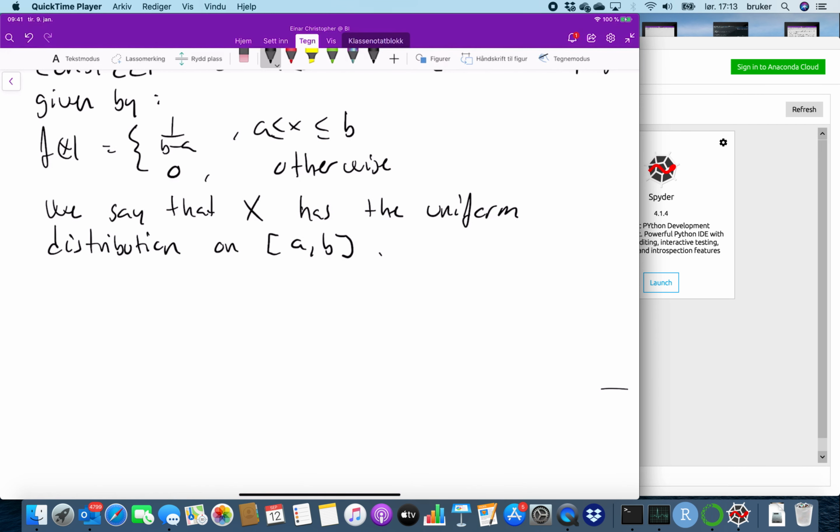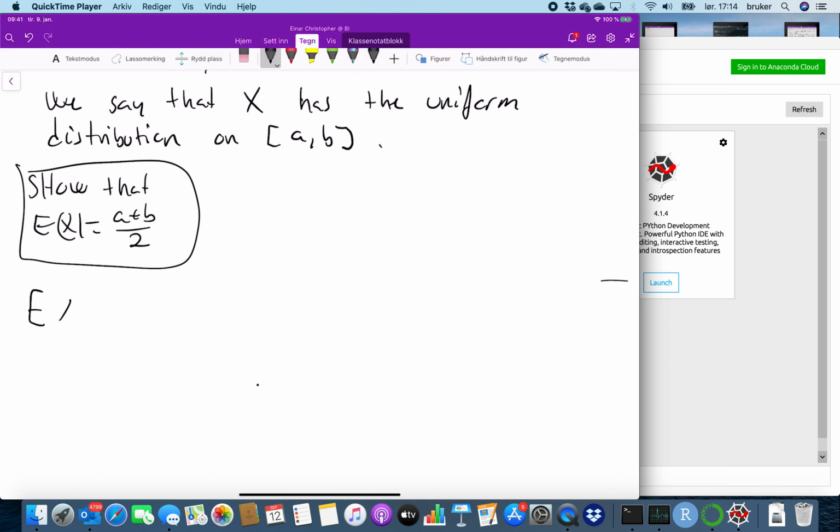Okay, let's do it. The expectation of a continuous random variable, we know that it's given by the integral from a to b, x times 1 divided on b minus a dx.